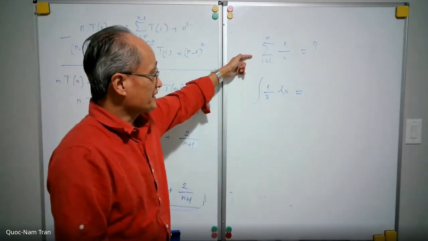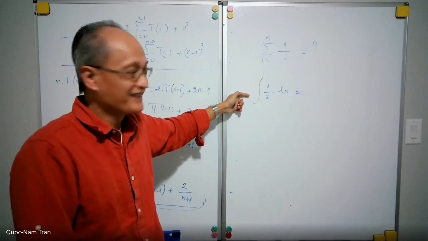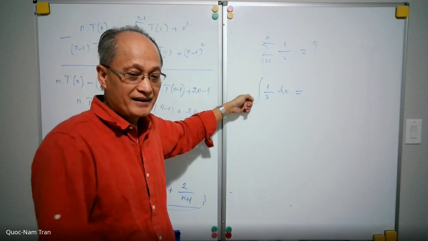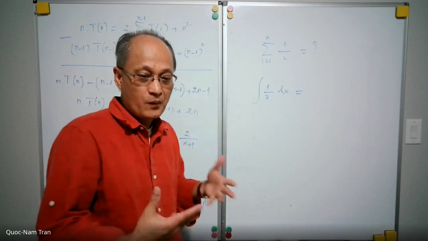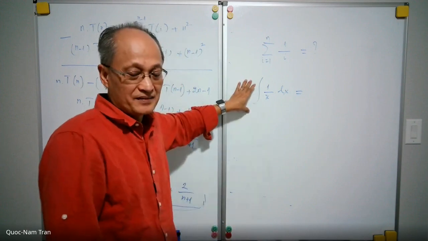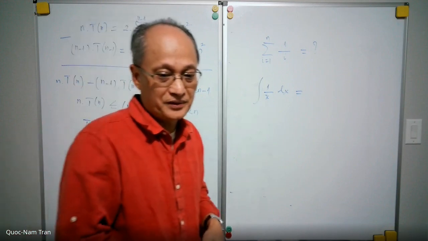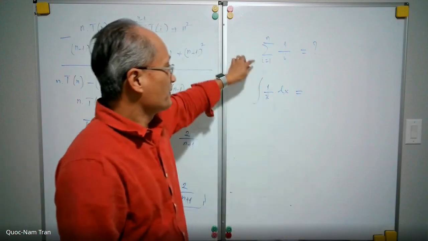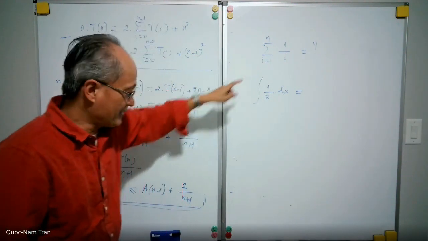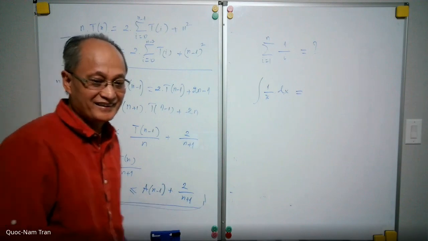I asked you to check this at home before coming to class on Thursday. Just remind yourself, and I will explain it to you. This is calculus, but we look at it from a computer science point of view, and then you will know how to solve this sum. Once we can do that, we go back here and solve the recurrence.